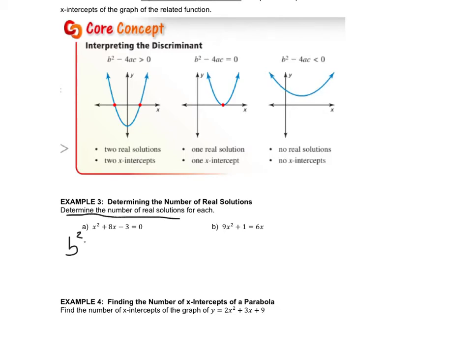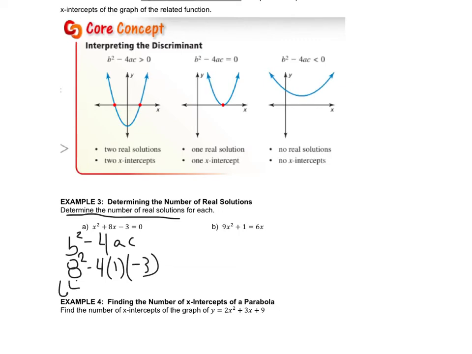So if I just do the discriminant, that'll tell me how many solutions I have. I do need to make sure that I'm in ax squared plus bx plus c equals 0, which this one is. So the b is 8, so 8 squared minus 4. The a is a 1 because there's nothing in front of the x squared, and the c is a minus 3.